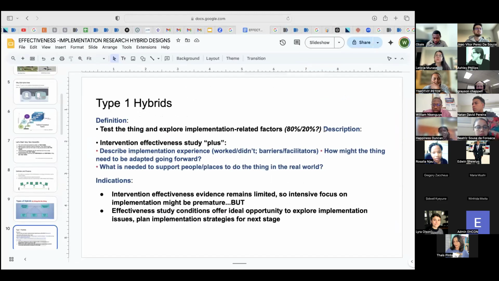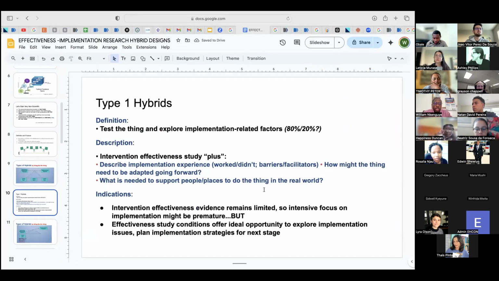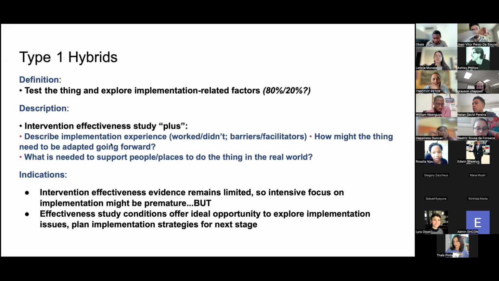Here we are looking at an intervention effectiveness study plus implementation, trying to explore the implementation strategies. So here we are describing implementation experience, trying to mainly look at the barriers and facilitators.